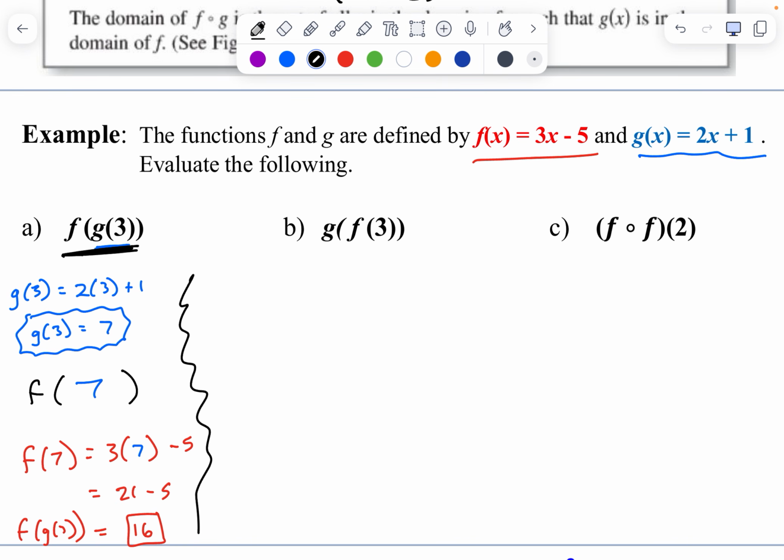The other part that we have to look at is the fact that this was the g of x. That was my input originally. That's what we were putting in place. So I can only put in place the domain of function g. Does that make sense? So I also have to consider the domain of function g, where I know that I am not allowed to have a negative under the radical.